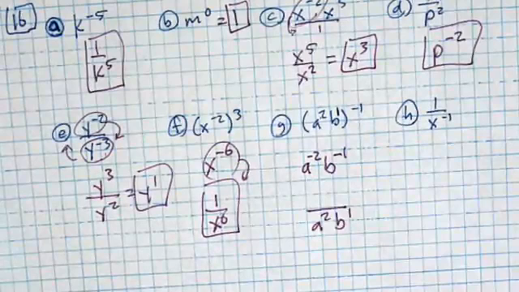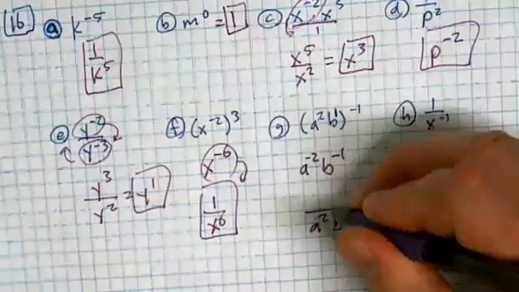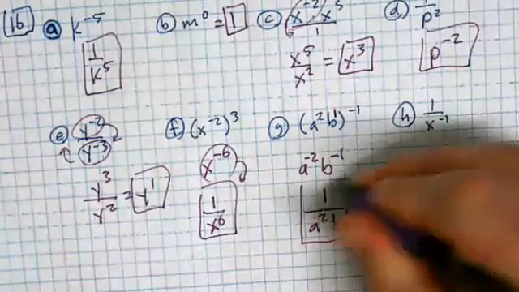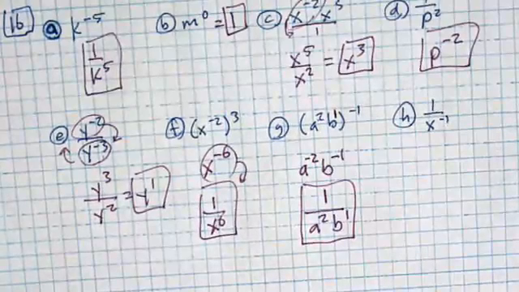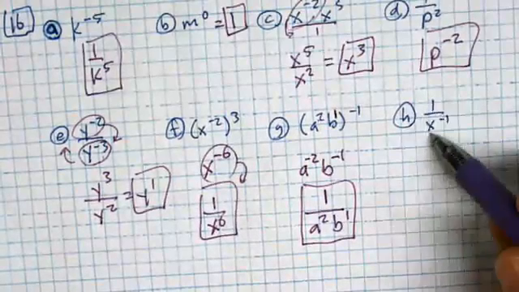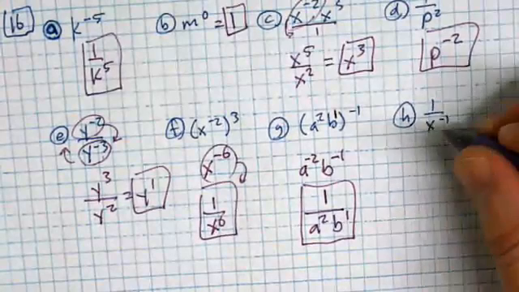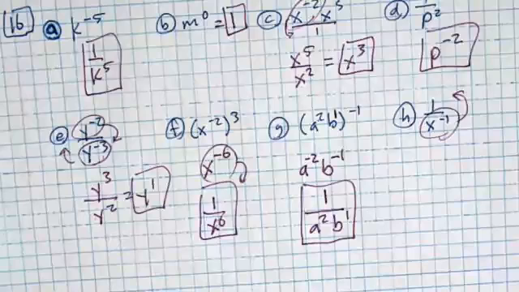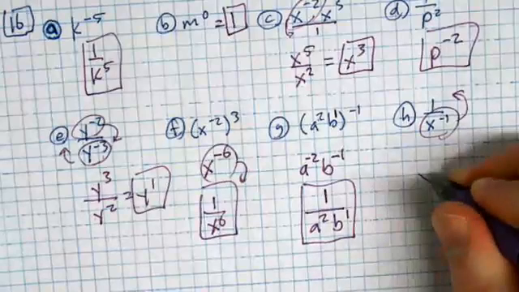When there's nothing left on the top, we have to put something in there. What do we put in there? Yeah, the last one here, we've got 1 over x to the -1. That x to the -1 gets to move because it has a negative exponent. It's going to move up to the top and become x to the +1.